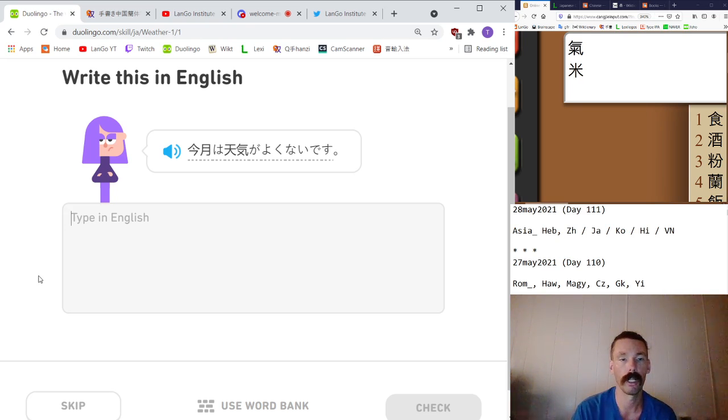Yokunai is there phonetically. Yokunai. Not ii desu, but nai desu. Yokunai desu. Okay, yeah, yokunai desu. Okay, sorry, yeah, I was a few slides behind.